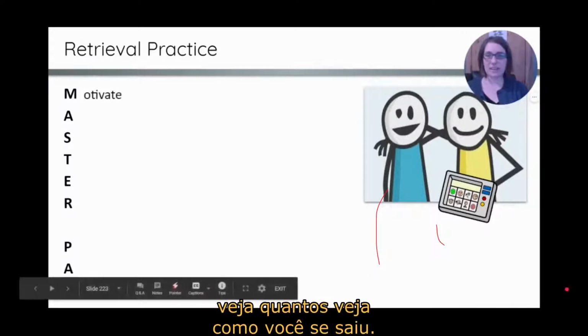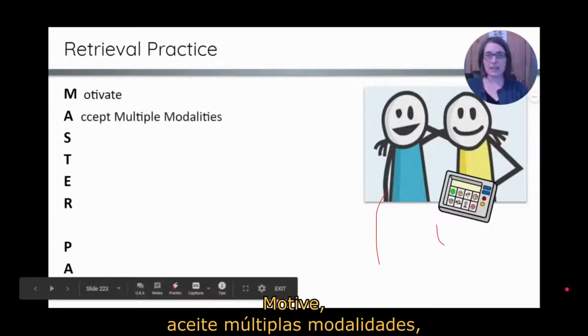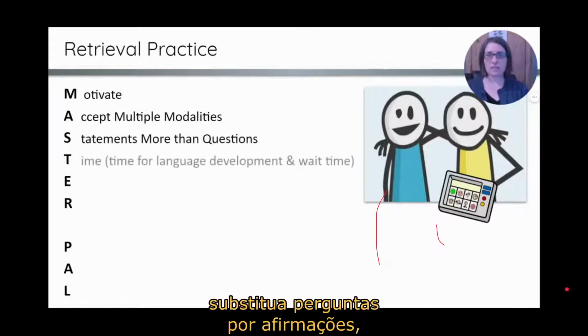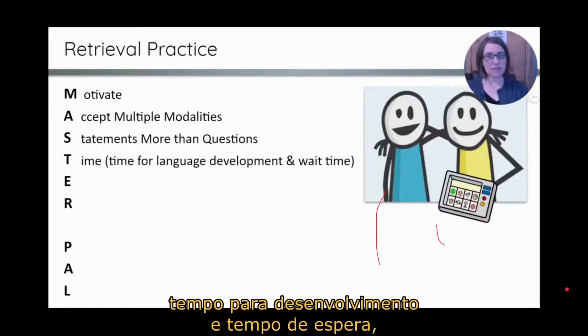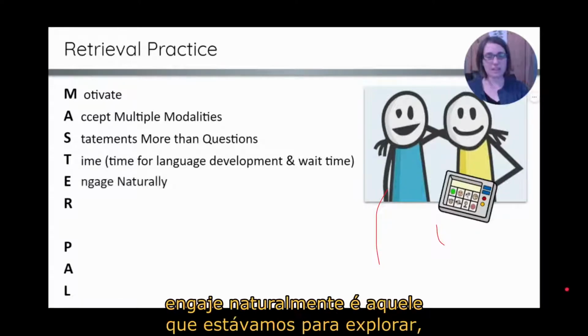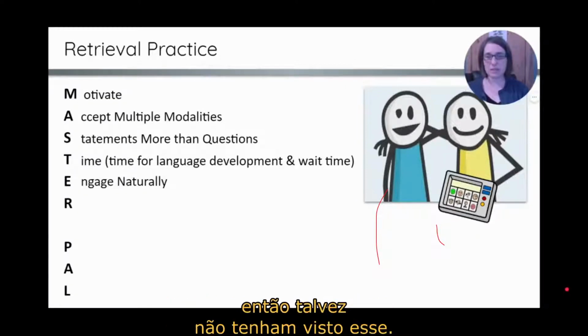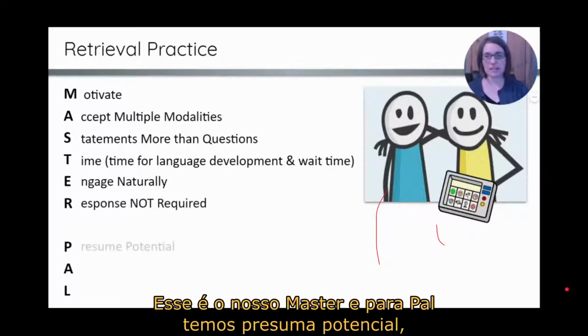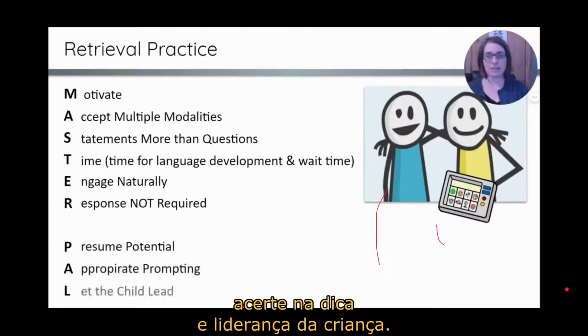See how you did. Motivate, accept multiple modalities, statements more than questions, time, both language development and wait time. Engage naturally is the one we're about to explore, so you might not have gotten that one. And response not required, that is our master. And then for PAL, we have presume potential, appropriate prompting, and let the child lead.